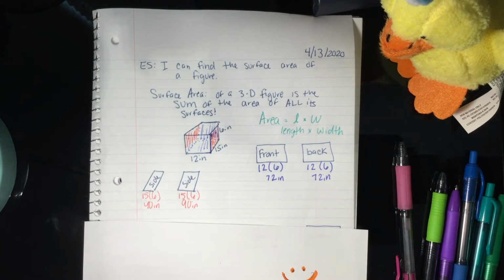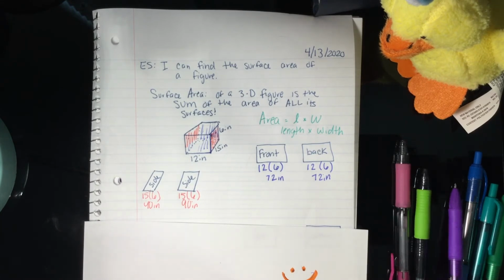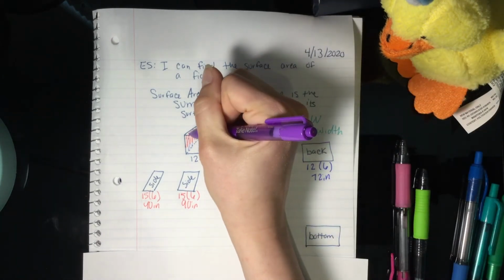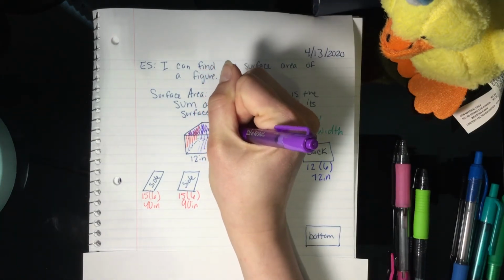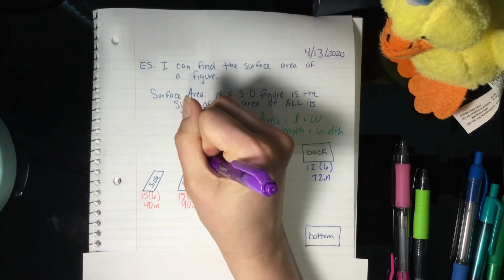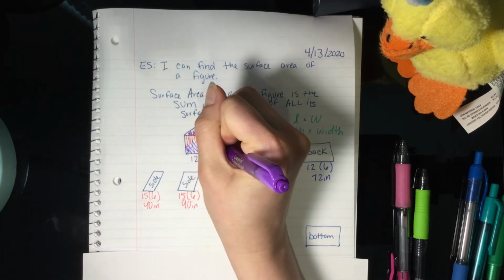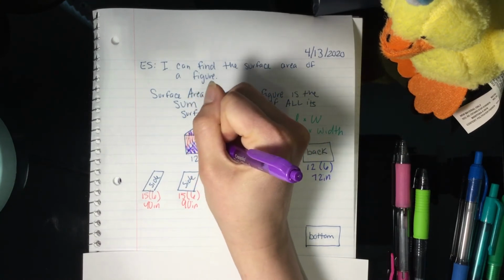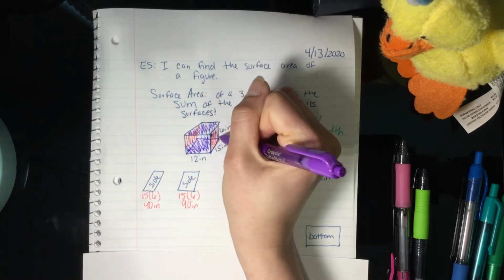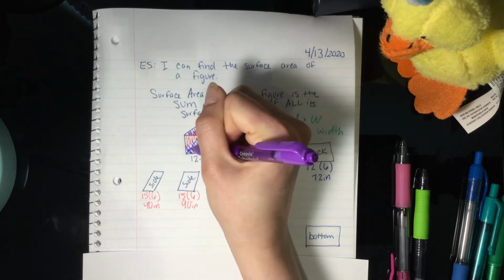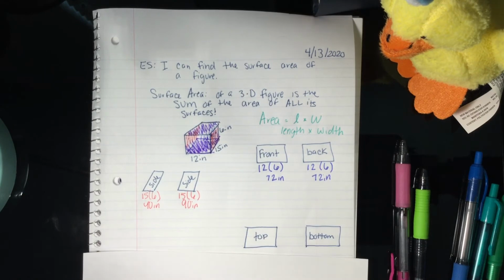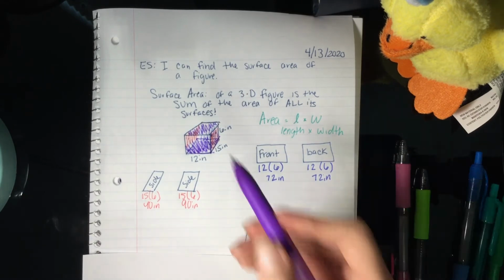So the last surface that we have is the top and the bottom. I'm going to put that in purple. This is the top portion, and that is the bottom portion. This bottom right here, I'm going to outline that in purple.